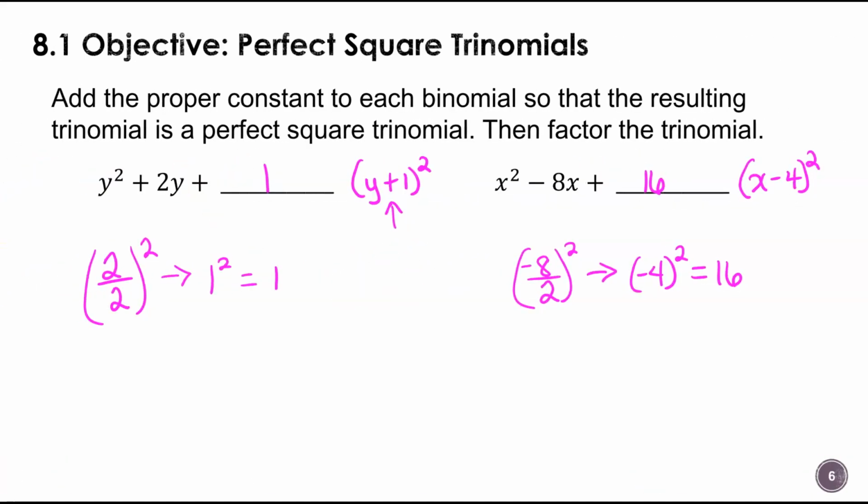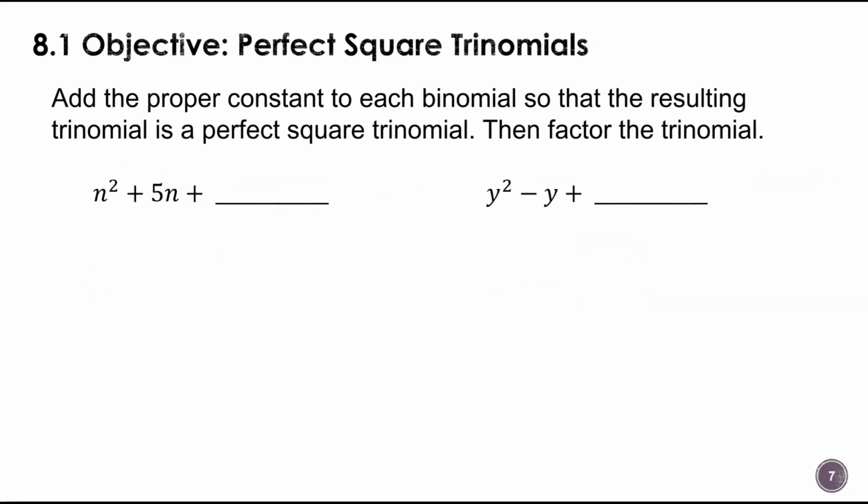So on these two, they were both even. Even is always easier with completing the square. But when it's odd, we can still work with it. So if I take half of 5, 5 divided by 2, I'm not actually going to divide it. I'm just going to leave it in this form. So 5 divided by 2, and then I square it. So 25/4. And that is the constant term I need to add to make this a perfect square trinomial.